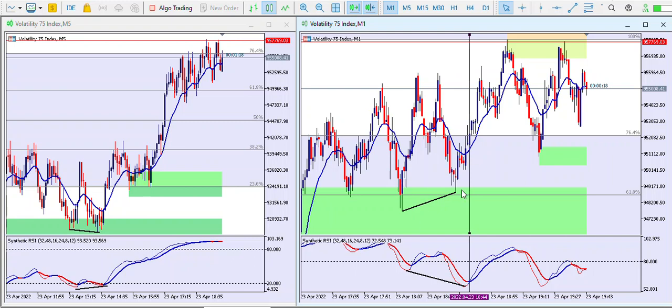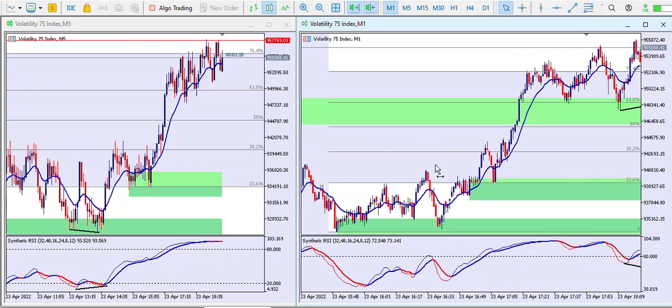So that is an example of a buy. We want to see price retest its demand zone for a buy, and price and the indicator giving us a divergence. That is when we take a buy trade as the indicator lines cross each other, changing from red to blue. So the opposite is a sell.